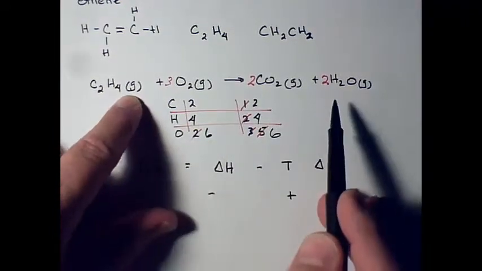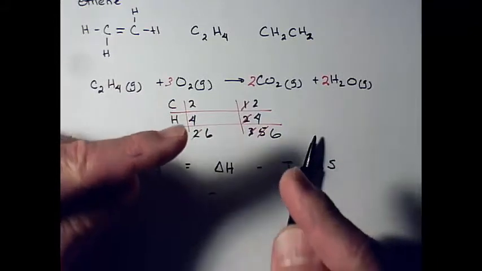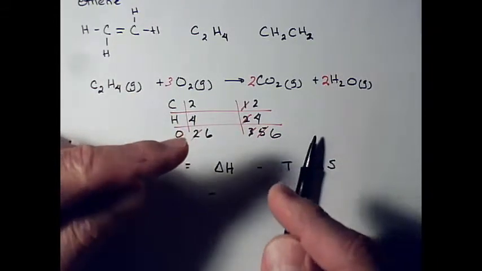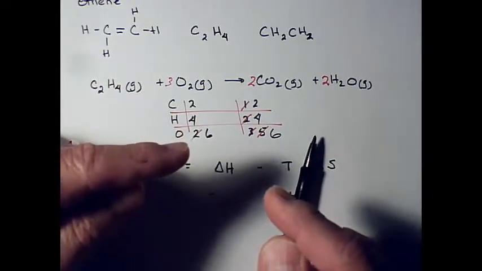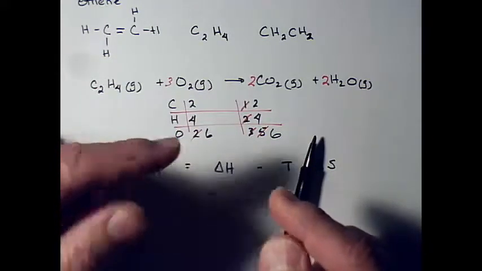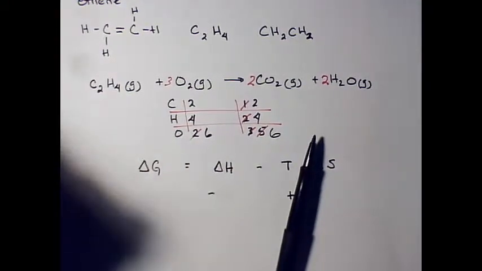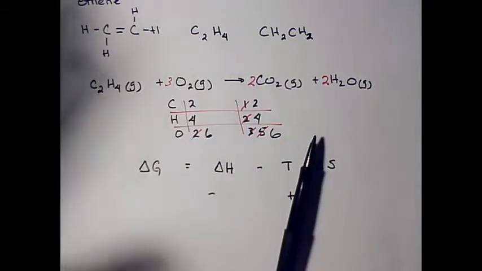Everything's a gas. So the other thing to know is that if 5 gaseous particles have a certain amount of disorder, 10 gaseous particles will have even more disorder, so long as the pressure doesn't change. Pressure affects everything. We're not going to worry about it.